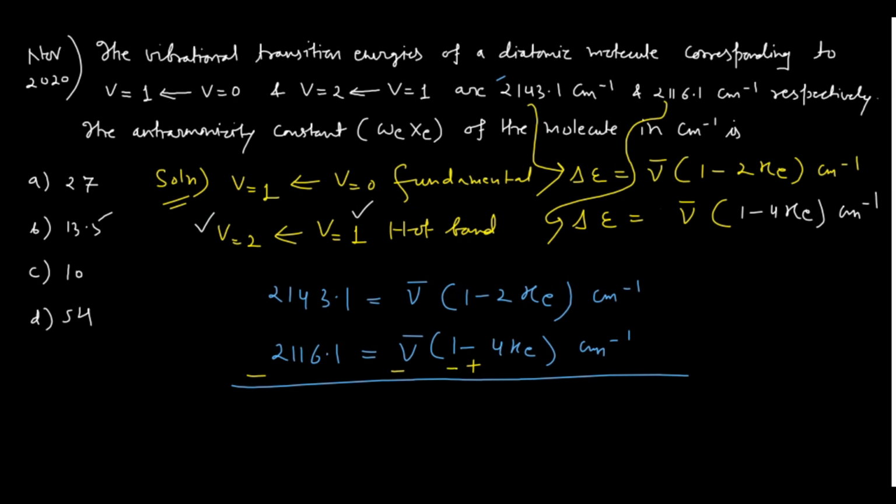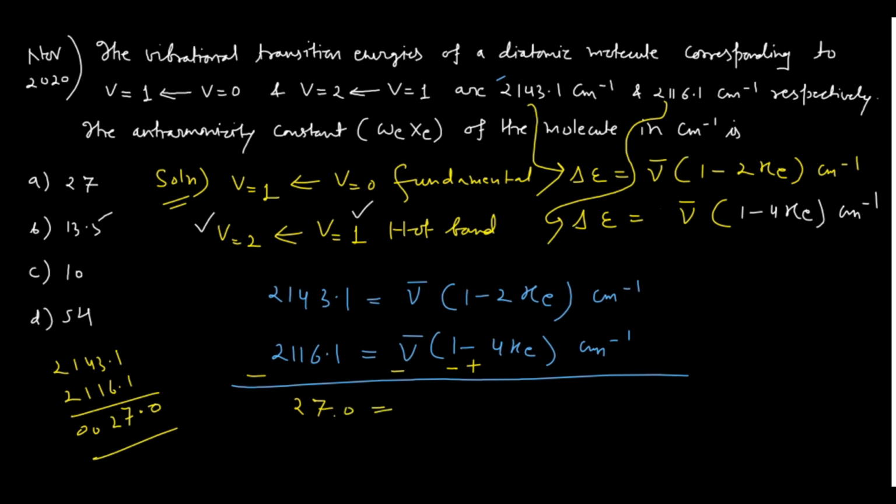So if you take the difference of these two, then this difference is 27, I suppose. I haven't solved this problem, so it will take a little bit of time. 2143.1 minus 2116.1 gives 27.0. So it is 27.0.